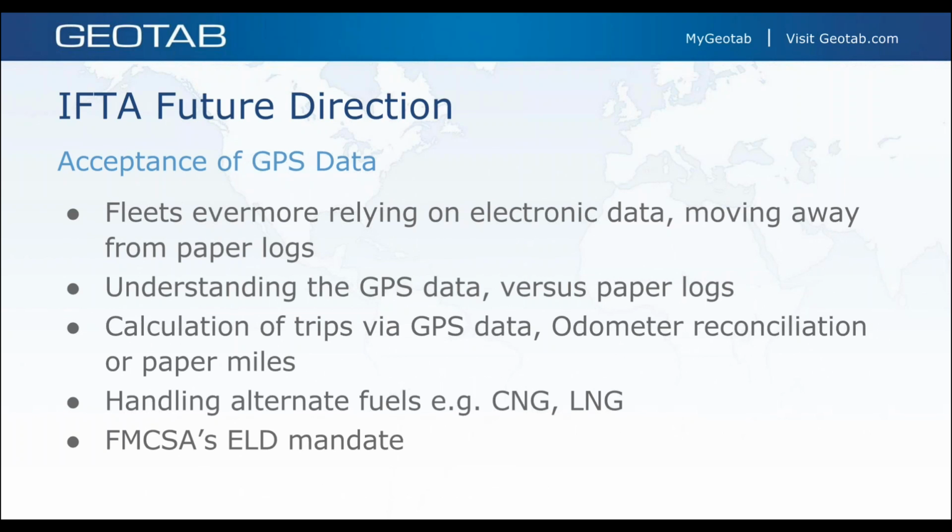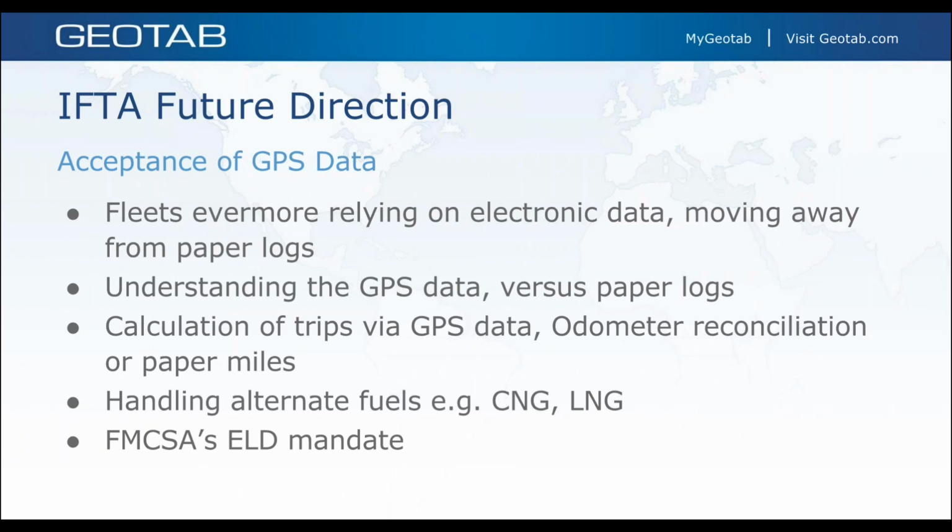And so IFTA would be no exception to the rule, moving from relying on paper logs into using the GPS data that is embedded within truck fleets. Depending on what numbers you hear, anywhere from a third to two-thirds of trucks and fleets would have a GPS device in it to be able to provide GPS data and location-based information, which is the purpose, obviously, of IFTA.